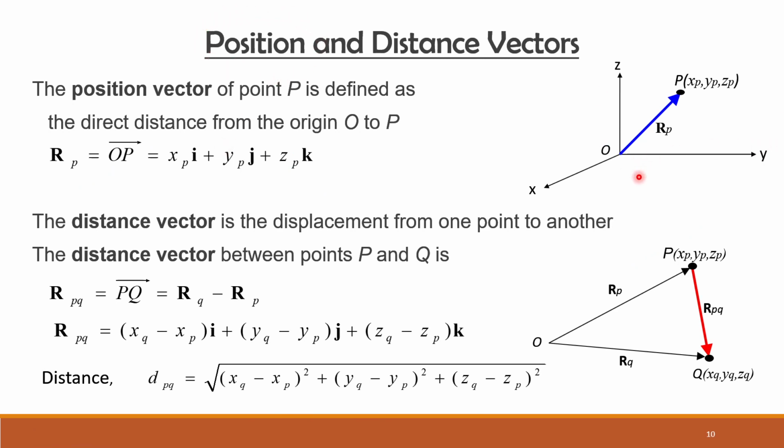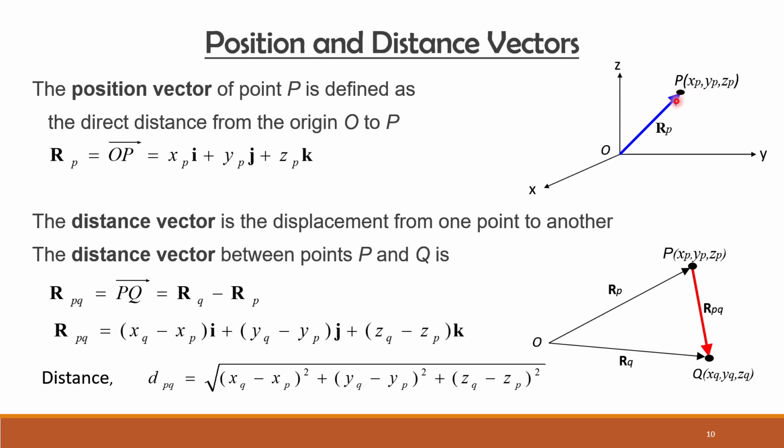A position vector: if you have a coordinate P, the magnitude along the X axis is XP units, along the Y axis YP units, and along the Z axis ZP units. So this is coordinate P: XP, YP, ZP.